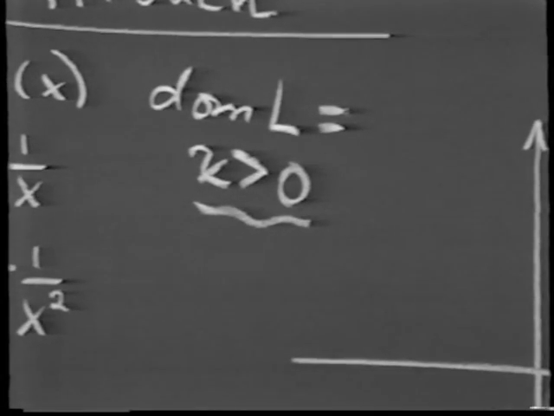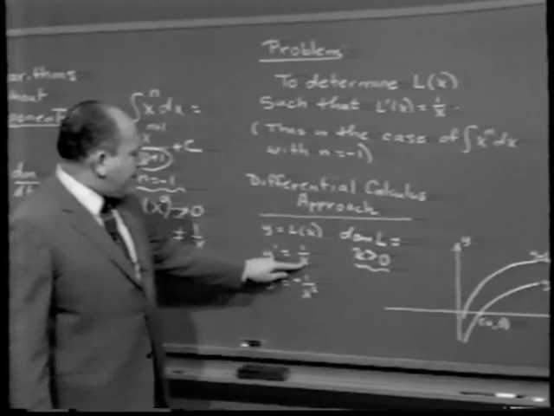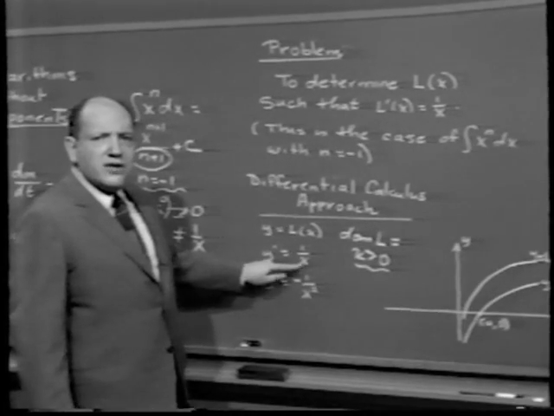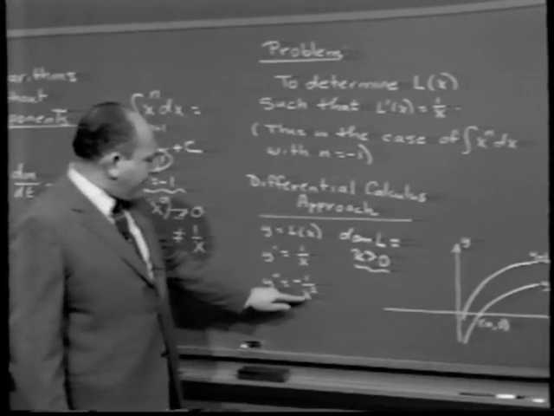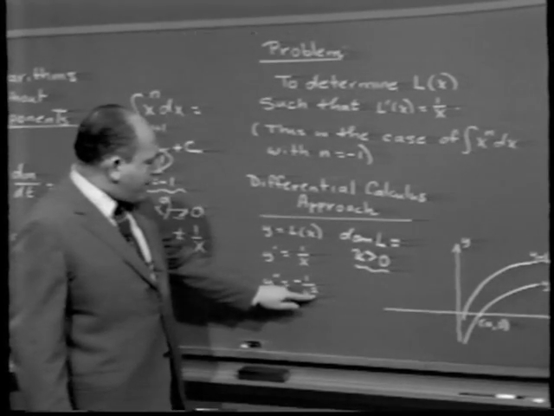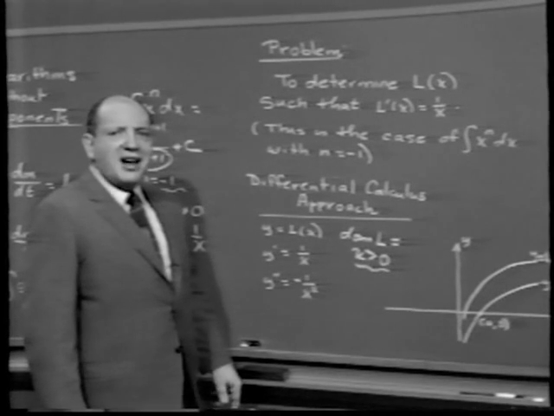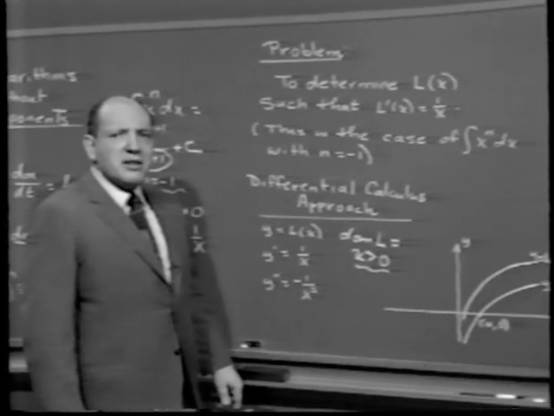Now, here's the interesting thing. Intuitively, I can now visualize how the function L of x must look. Namely, since its first derivative is 1 over x and x is greater than 0, that tells me that the curve is always rising. And secondly, since 1 over x squared is always positive, minus 1 over x squared is always negative, that tells me that my curve is always spilling water.